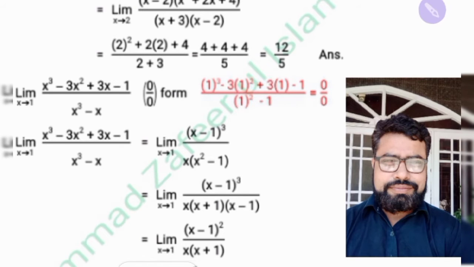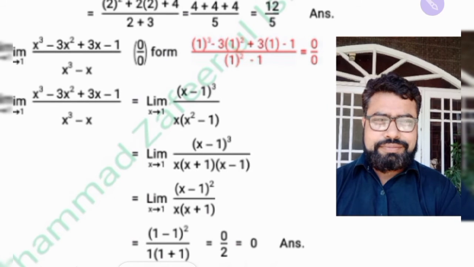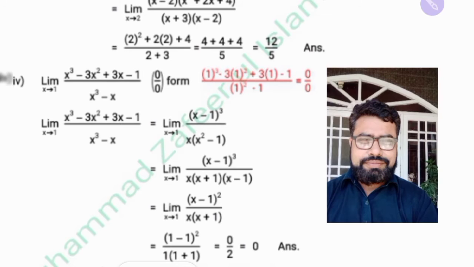Now we will simplify part number 4. Part number 4 is the limit of x cube minus 3x square plus 3x minus 1 over x cube minus x. You can check the 0 by 0 form.